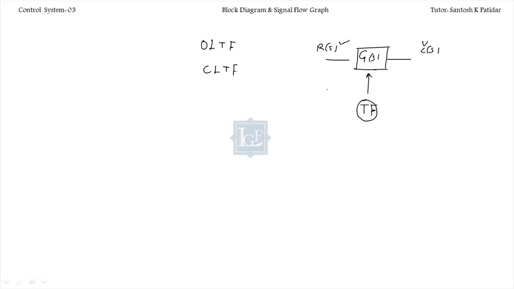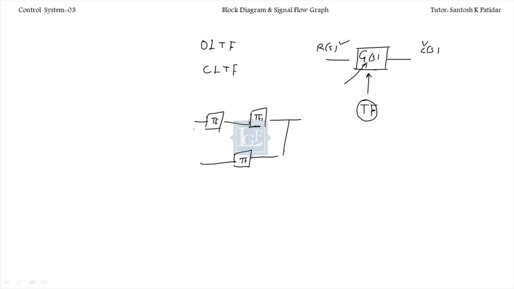But in actual systems, we will not get a simple one-block diagram. There are so many blocks inside it, meaning so many systems. Some systems are connected in cascade, some in parallel. They are making some loops also, because this is the closed loop control system we are talking about.